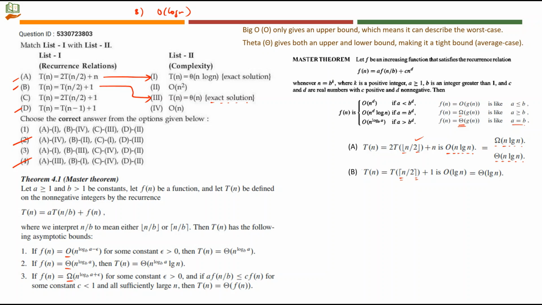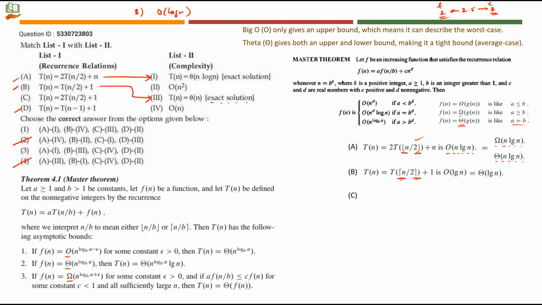There is no doubt in that. But how they are equating it to option 3 in list 2 is what I am trying to tell you. So this is given in ceil form and this is given in floor form. You need to note that. Floor of some value will give the small value here and ceil of some value will give the large value here. So based on that they have done the working there.